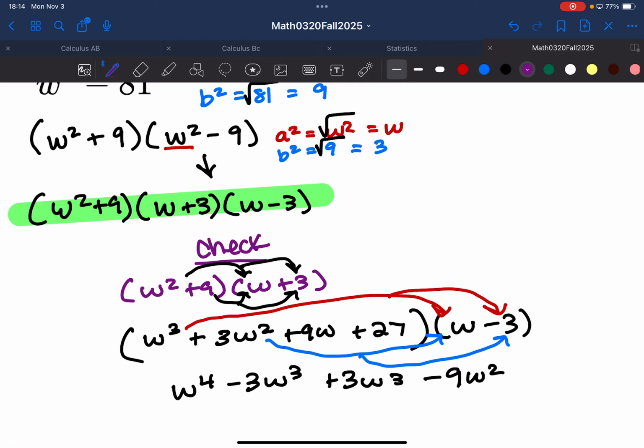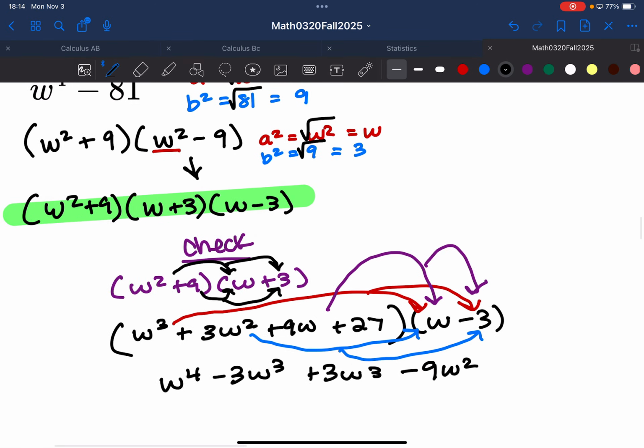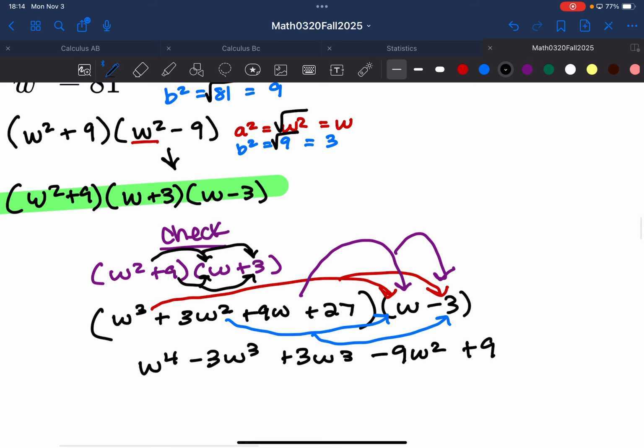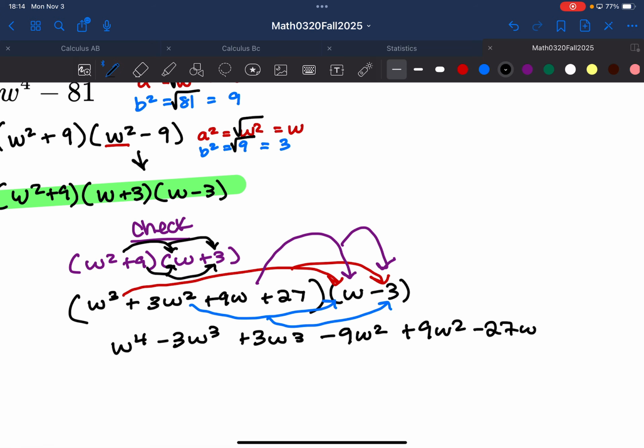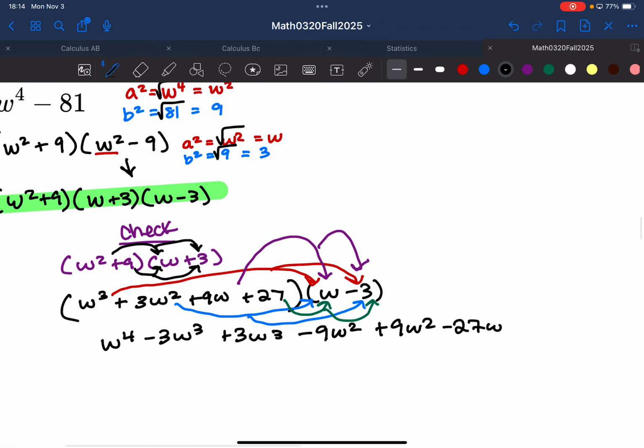Okay. Then I have to do the same with the 9W. So this is plus 9W squared minus 27W. And then I'll do the last thing with the 27. So 27 times W and 27 times negative 3. So that's plus 27W minus 81.